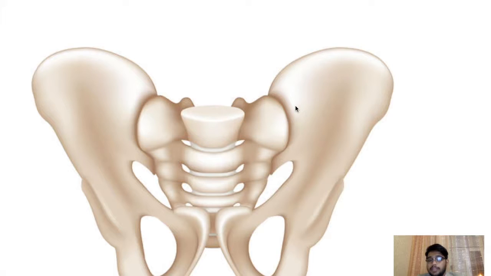There are two in number, that means these two joints. The second joint is the joint of two pubic bones. This joint is cartilaginous, and that's why it is called a symphysis. The third joint is between the coccyx and the sacrum. Coccyx lies somewhere here, and the joint between the coccyx and the sacrum is called sacrococcygeal joint.